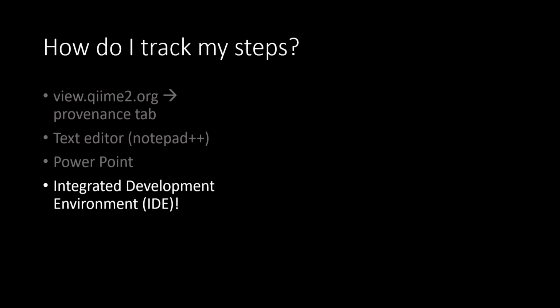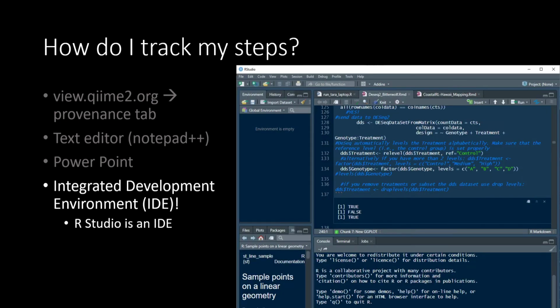But my absolute favorite is going to be to actually use an integrated development environment or an IDE. This is pretty much like RStudio if you've done any coding in R, where you've got the commands that can be executed here, the terminals below that are actually the place where the commands get executed, a place where plots can appear, and so that is kind of like a visual way of interfacing with your data and seeing the outputs.